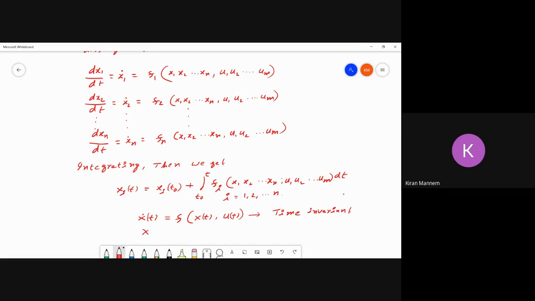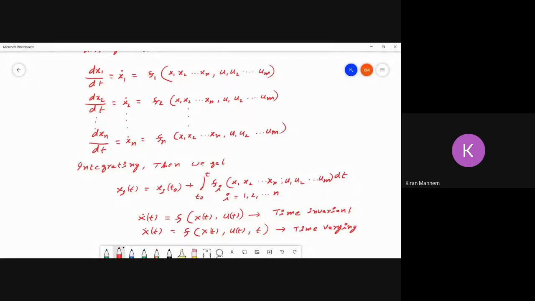If it is a time varying function x dot of t, remember these are all functions. So it is a function of state variables, input variables, and time. It is called time varying.